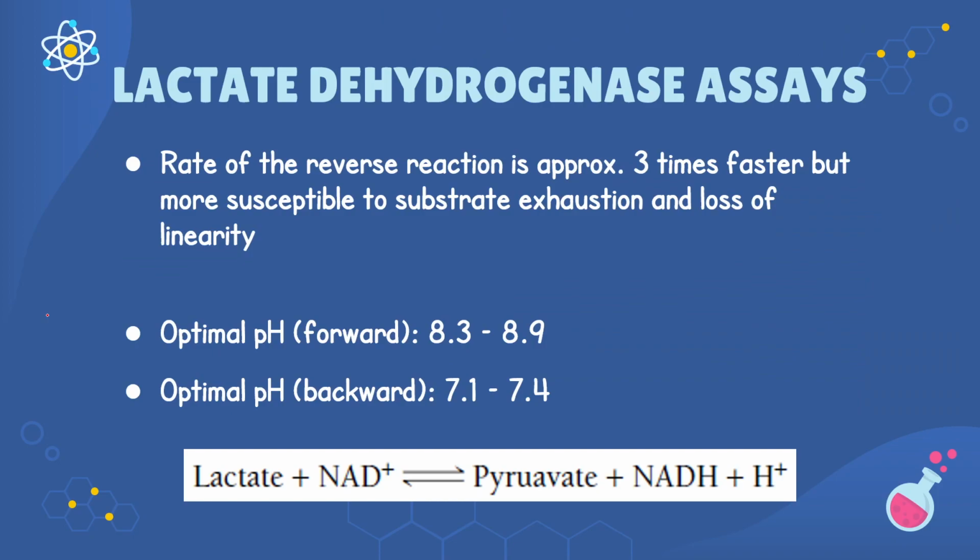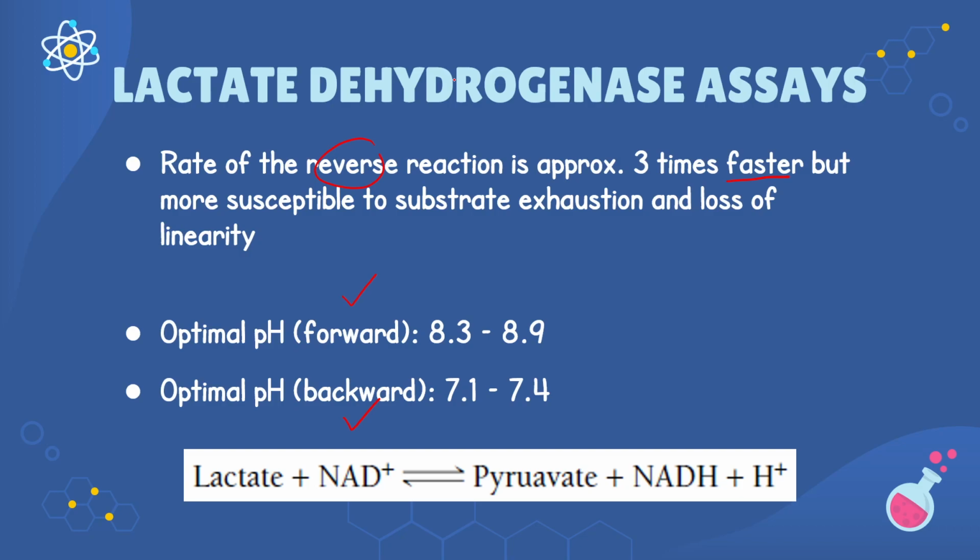So, lactate dehydrogenase assay also has the same reaction methods as your creatine kinase in terms of being able to measure. We could actually measure its forward and reverse reaction, but always, kids, your reverse reaction will always be faster and will always have lesser interference.